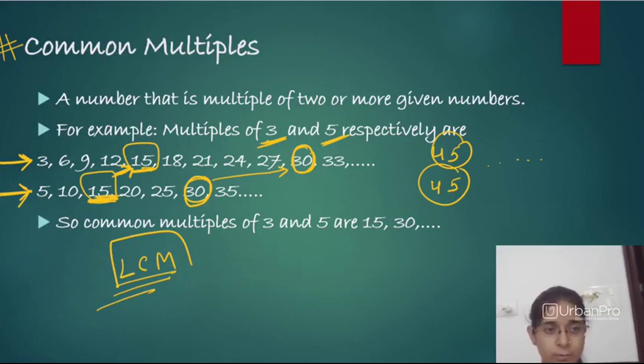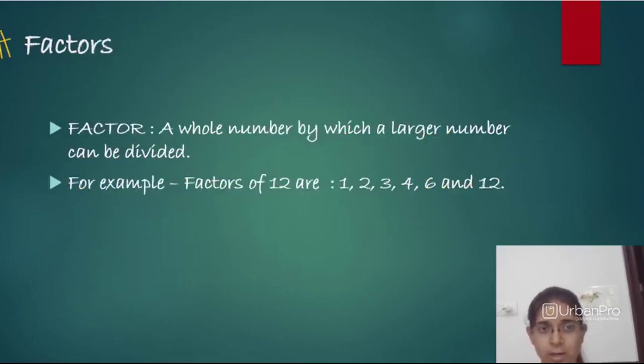Okay, now let's move to the next topic, which is factors. So what is a factor? A factor is a whole number by which a larger number can be divided. For example, if we have to write the factors of the number 12, that is 1, 2, 3, 4, 6 and 12.